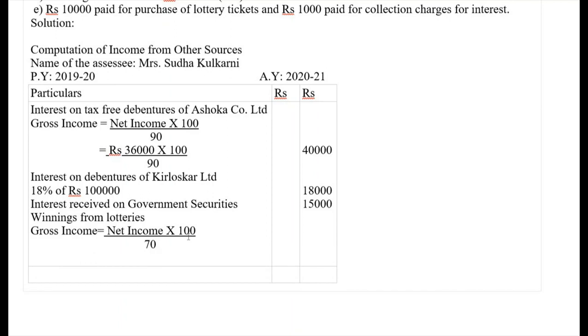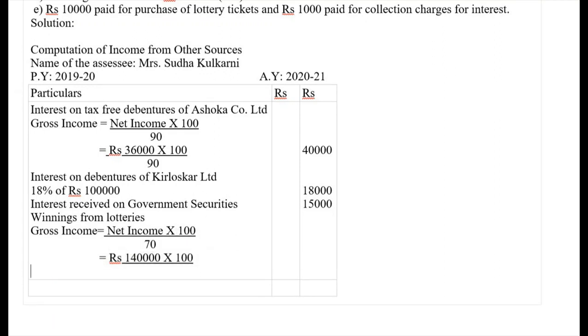Let's substitute the values: rupees 1,40,000 multiplied by 100 divided by 70 comes to 2 lakhs.